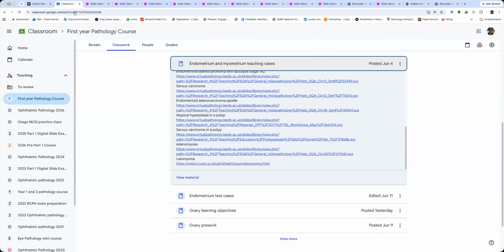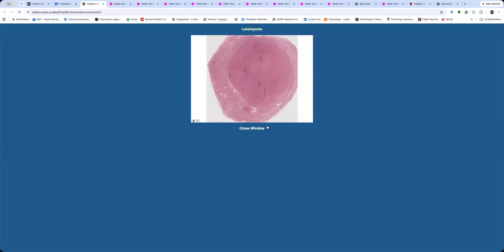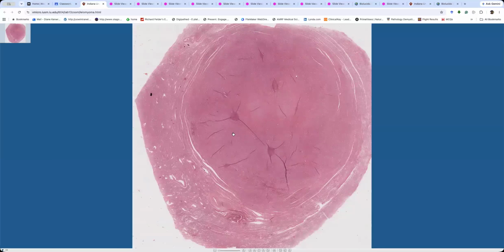Then leiomyomas. So there's a long discussion that you are due for probably in year 2 about leiomyomas. They can be quite variable because some of them get infarcted, some of them are cellular, but there are very nice, clear rules around the number of mitoses they need to have and the type of necrosis.